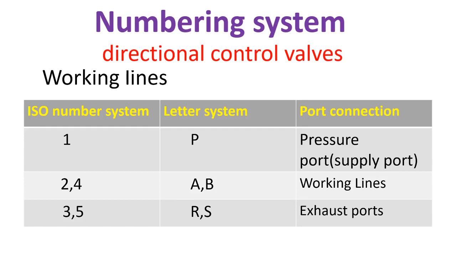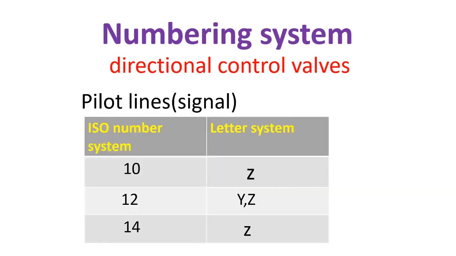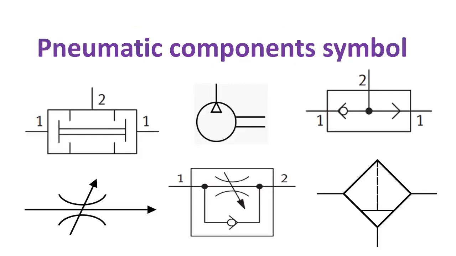Numbers 3 and 5, or R and S, are exhaust ports. And for pilot lines or signals, 10 is equivalent to Z, 12 is equivalent to Y or Z, and 14 is equivalent to Z. Now let's proceed to our pneumatic component symbols.